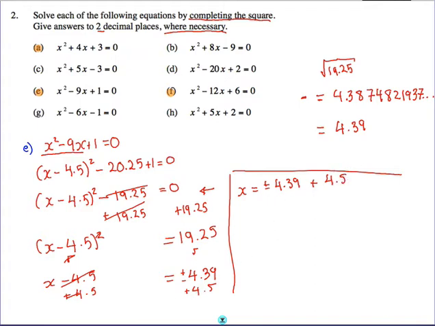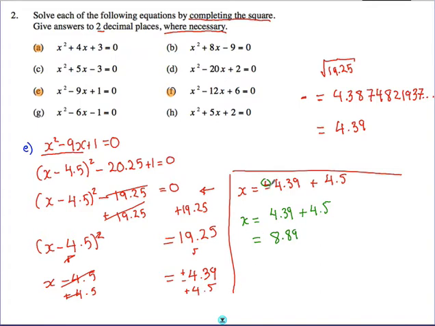Take a look at the positive first. So when 4.39 is positive, we get 4.39 plus 4.5, and that is equal to 8.89.